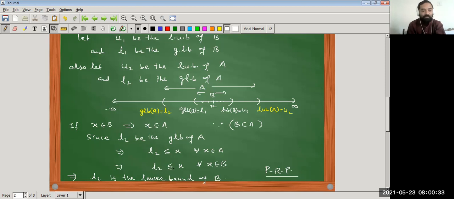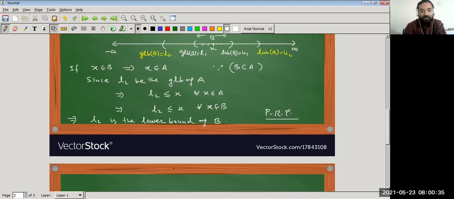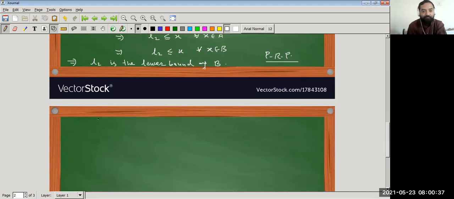So there is a relation. Now we construct a relation because since L1 is the GLB, greatest lower bound of B, तो दो ग्रेटेस्ट लोअर बाउंड तो हो नहीं सकते, तो क्या होगा? या तो L1 L2 के बराबर होगा या L1 L2 से बड़ा होगा। So L2 is less than equal to L1.